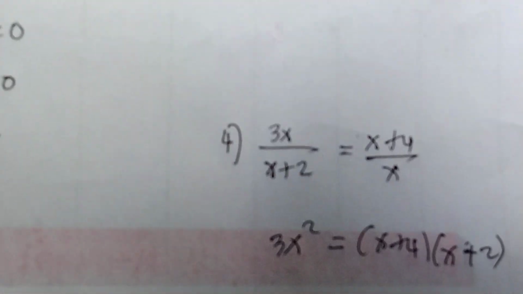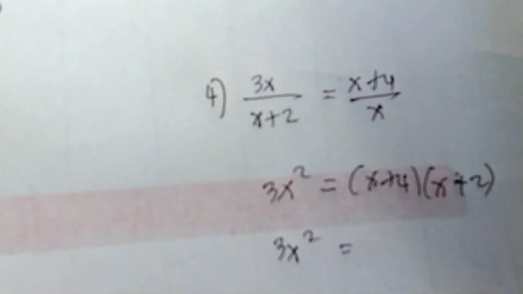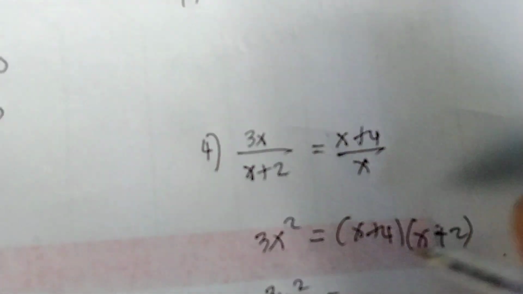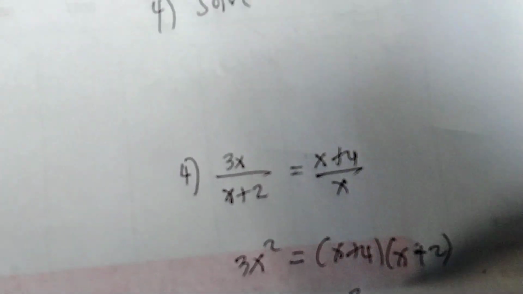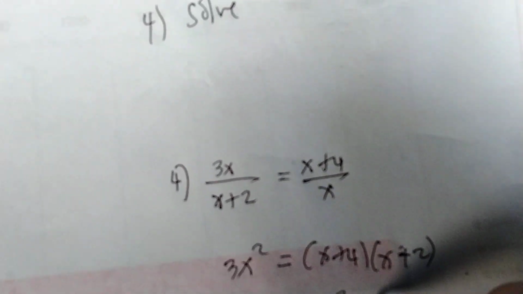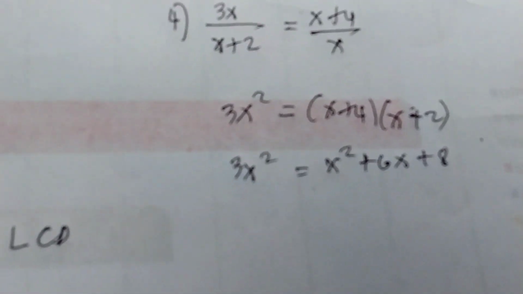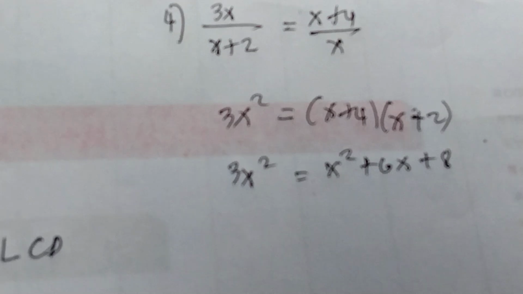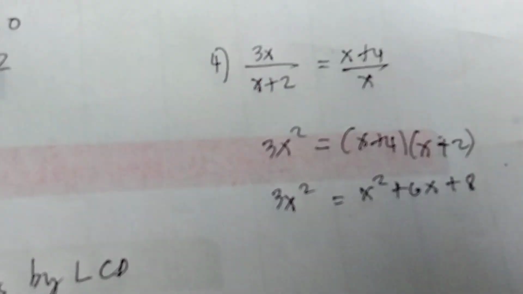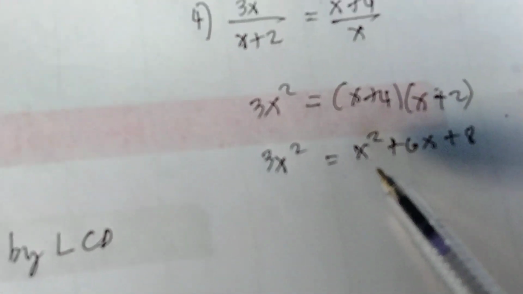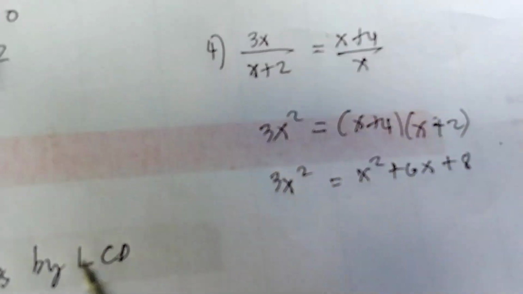So what's next? Solve. 3x squared is equal to, okay, solve this one. You have x squared plus 6x plus 8. Are we correct? x squared plus 6x plus 8. Then, all these terms here will be transferred to the left side.